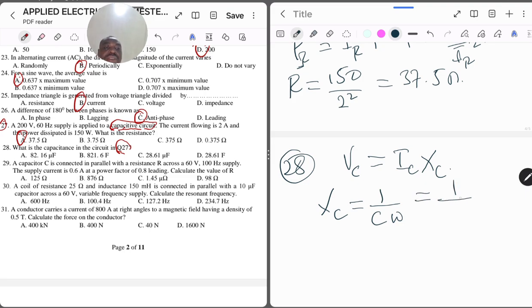And then we can simplify to be capacitance times angular velocity, and in terms of frequency, omega is 2 pi f.